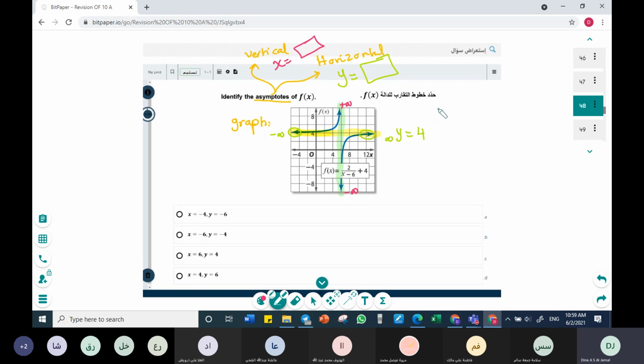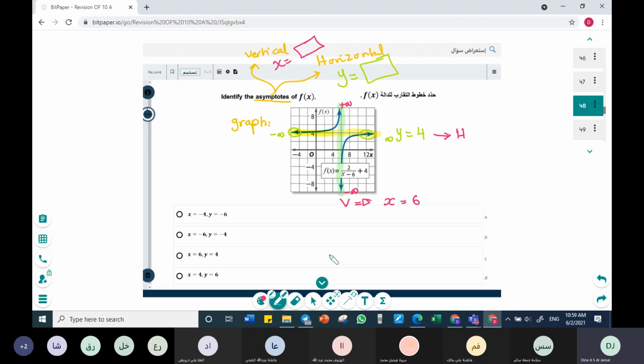That means let me put here the word horizontal and here vertical. So my vertical asymptote will be as a function of x is equal to 6. So mainly our answer is y equal to 4, x is equal to 6.